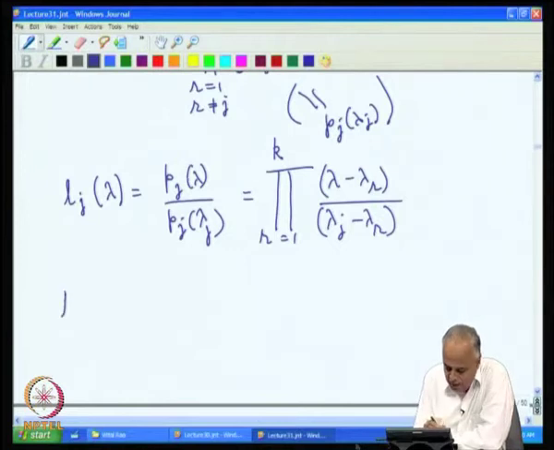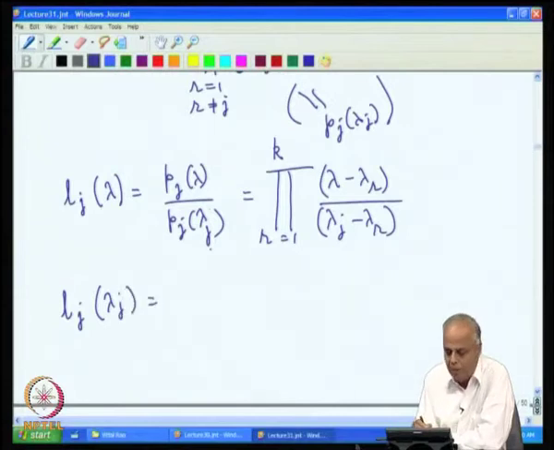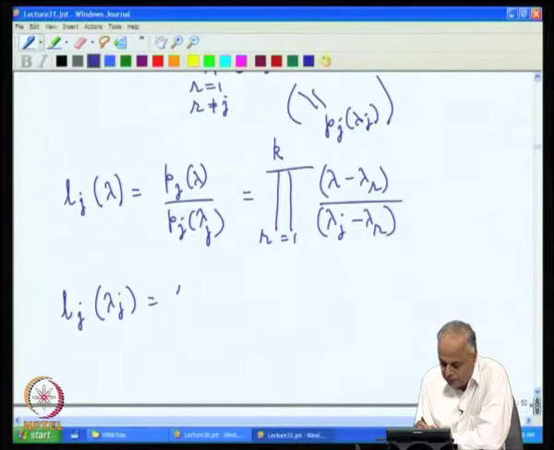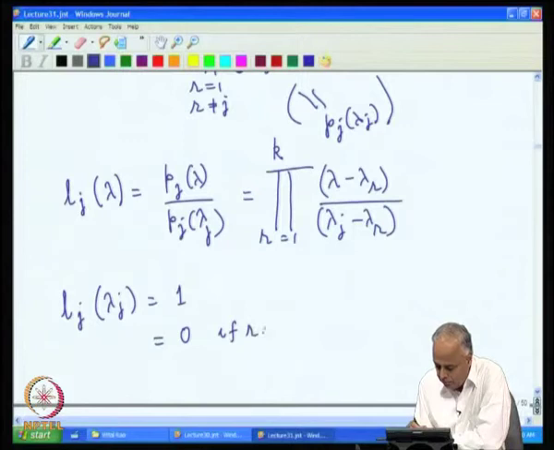And we find that L j lambda j is p j lambda j by p j lambda j, which from the definition is 1, and L j lambda r is p j lambda r by p j lambda j, but p j lambda r is 0 if r not equal to j.